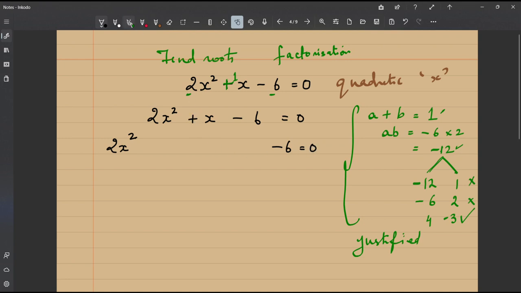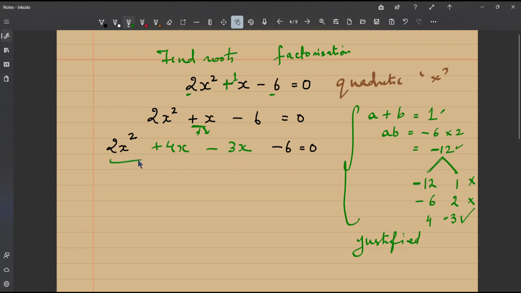Only the middle term is being split: plus x is being split into plus 4x minus 3x. The equation has not altered a bit, it's still the same, just that we have split the middle term into two terms to enable us to group it.